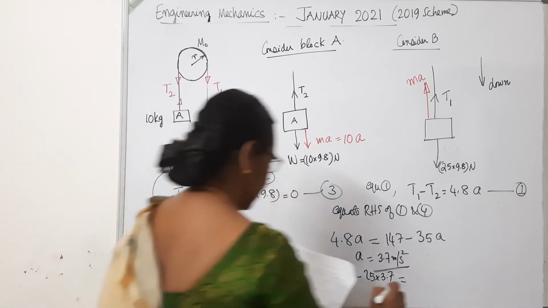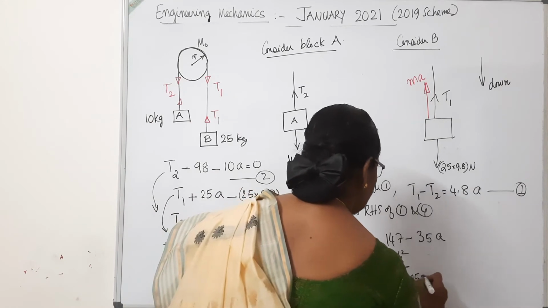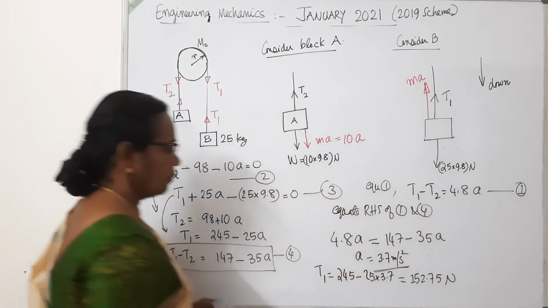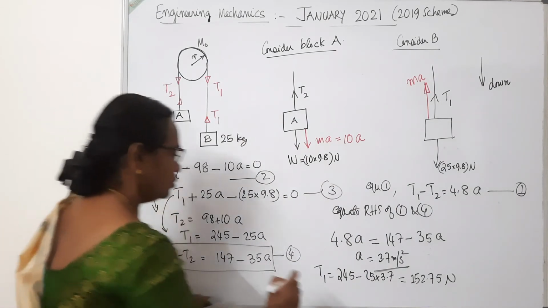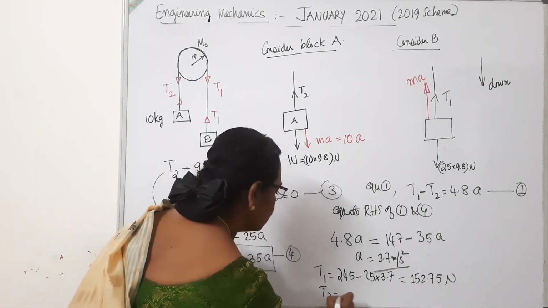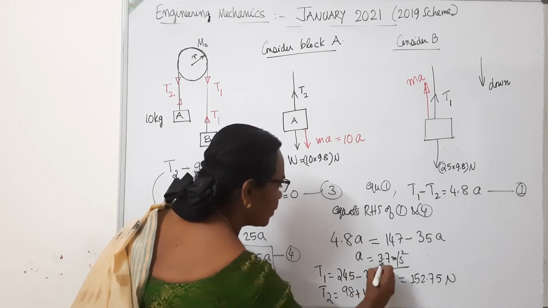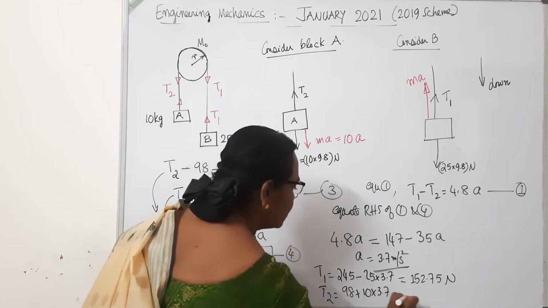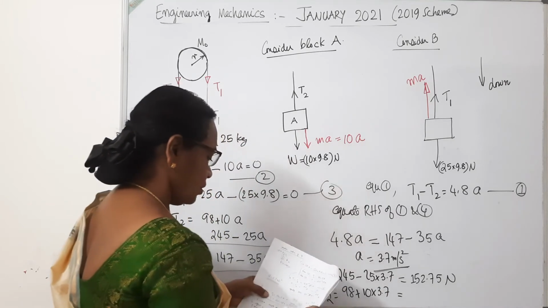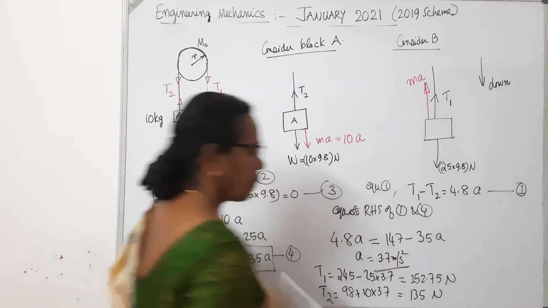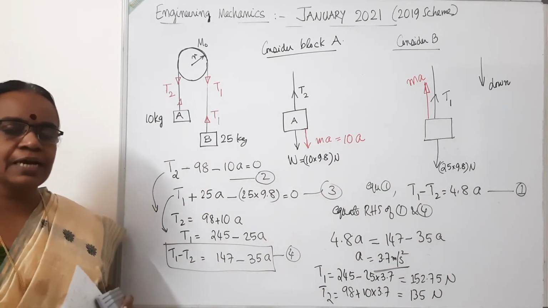So we will get it as 152.75 Newton. T2 is equal to 98 plus 10 into A. A is 3.7. So we will get the value 135 Newton. So we have got all the three answers.